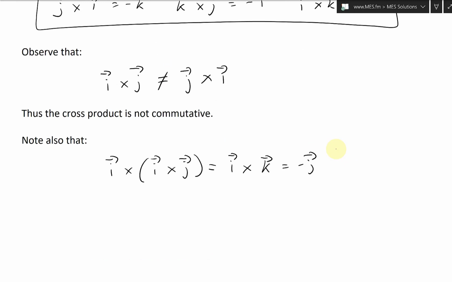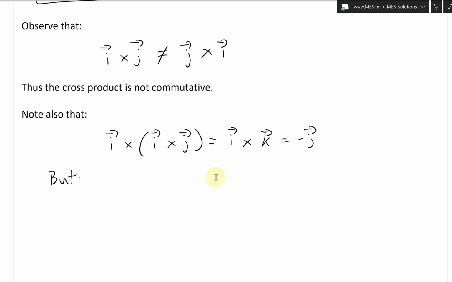But if instead of doing it this way, you switched up the brackets, like this, i cross i, then cross j, this equals, well, i cross i, we already showed that a cross a is equal to 0. It's just the same thing.